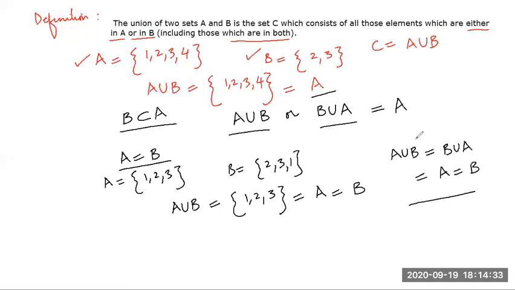Guys, on a Venn diagram, how can I represent A union B? This is my Venn diagram. On this, students, I have the concept of a universal set here. Now let's say this is set A, and I have another set B, and they have some elements common.